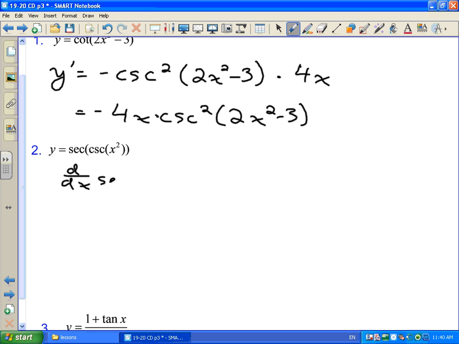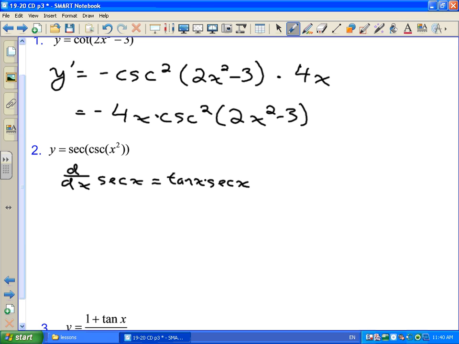So we'll say derivative of secant is going to be, let's see, what's the derivative of secant? It's going to be positive. It's going to be something times itself. So secant x, and that something is tan x. So it's tan x secant x.